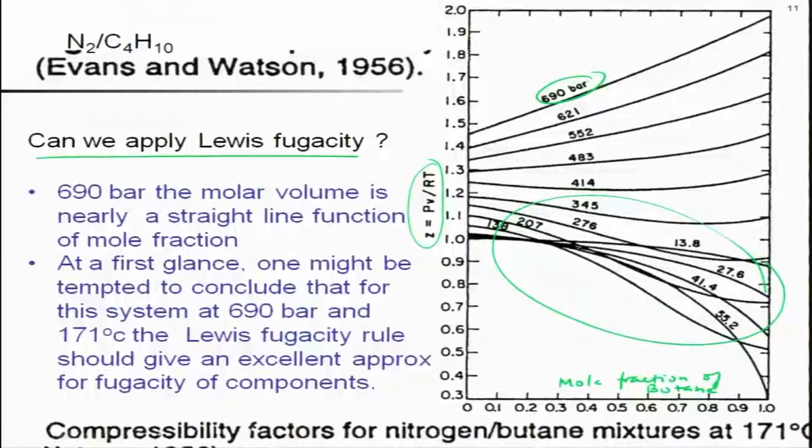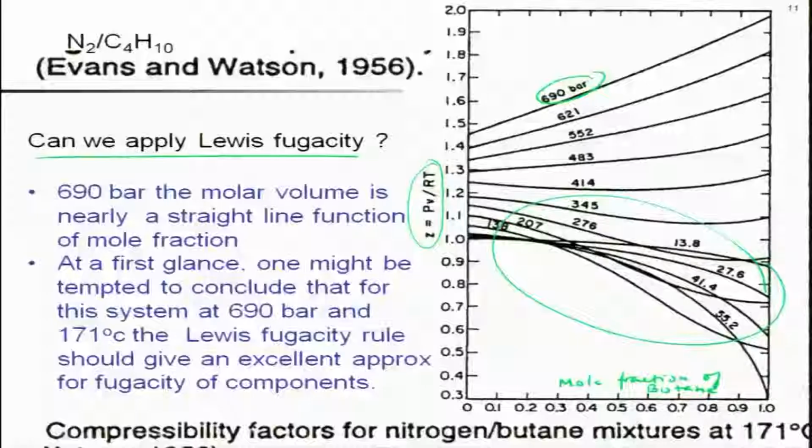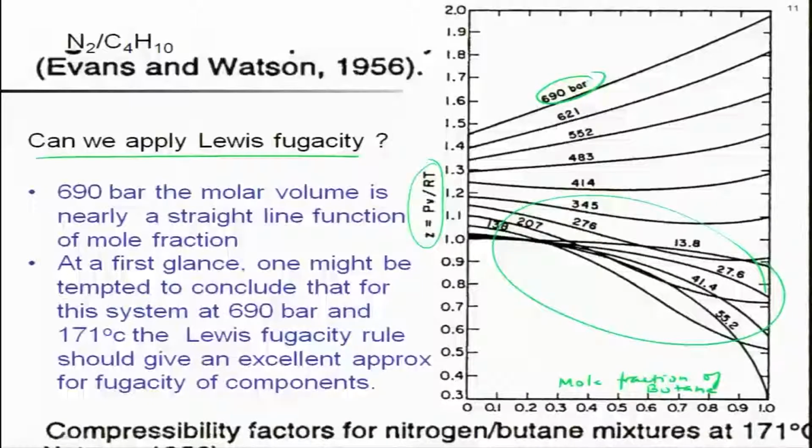Now, does that affect this data or does it not? Can I actually apply this relation, the Lewis fugacity rule, at 690 bar? I cannot, because at lower pressure it behaves completely differently.